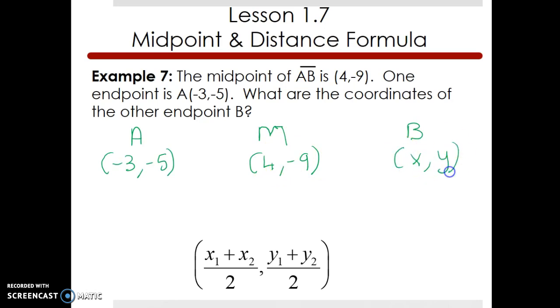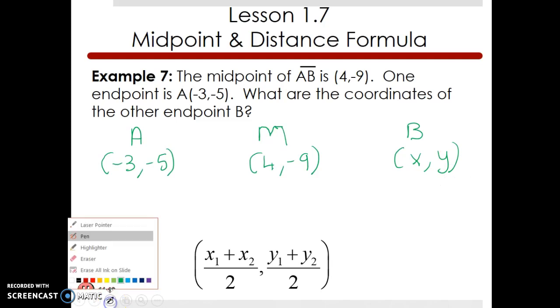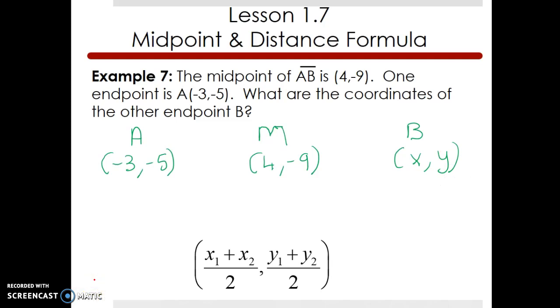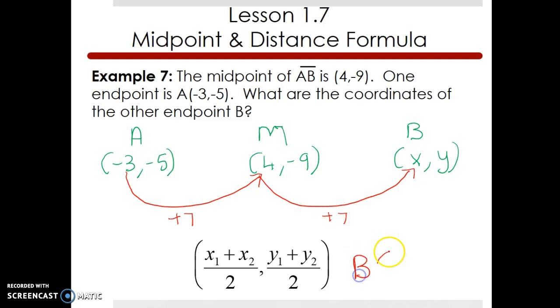B is X, Y. Alright, so we're going to do this. Same thing. From X to the other X, how much did you do? Negative 3 to 4, you add 7. So from 4 to X, you also need to add 7. So 4 plus 7 is going to give you 11. Let's use blue.